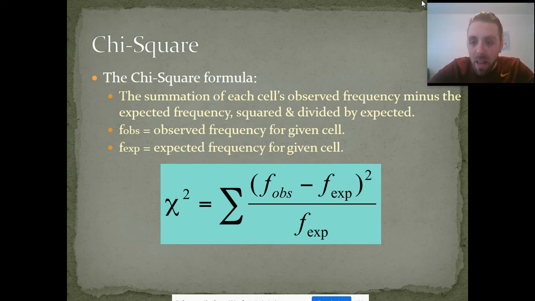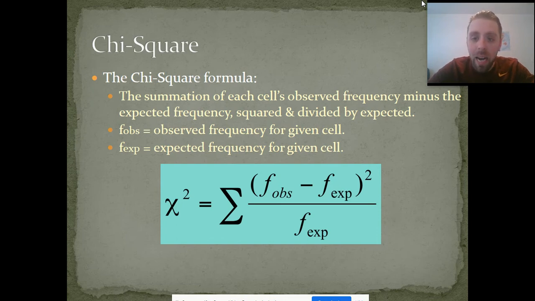Then we divide by that same expected frequency we just calculated. And finally, we will sum that across all cells in our table. So hearkening back to our example here, we have 3 religious affiliations and 3 political preferences. Therefore, we are going to have to do this 9 times to reach the summation.